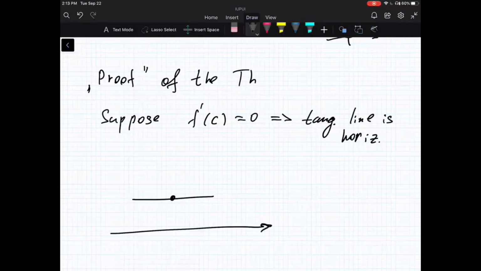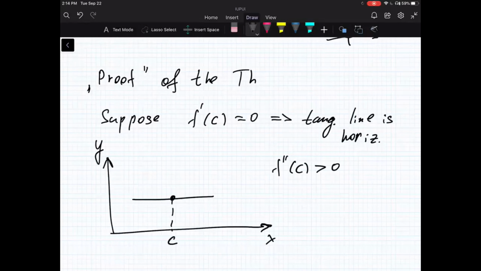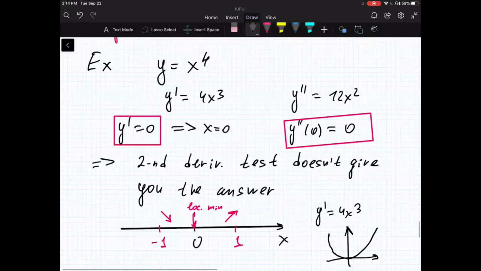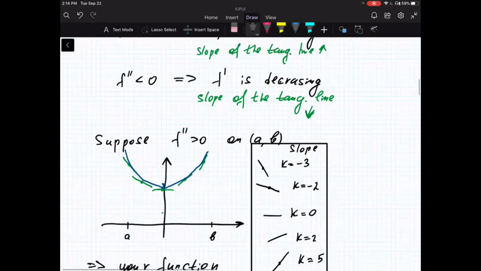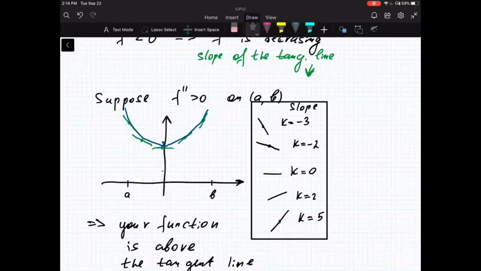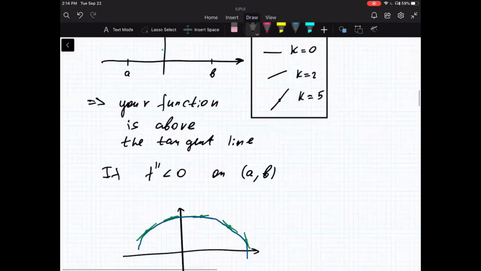This is your, say, point C. This is your x, and somewhere is your y. Doesn't really matter. But then suppose you know that f double prime at this point is positive. That means, as we discussed at the beginning, that if my second derivative is positive, then my graph is above the tangent line.